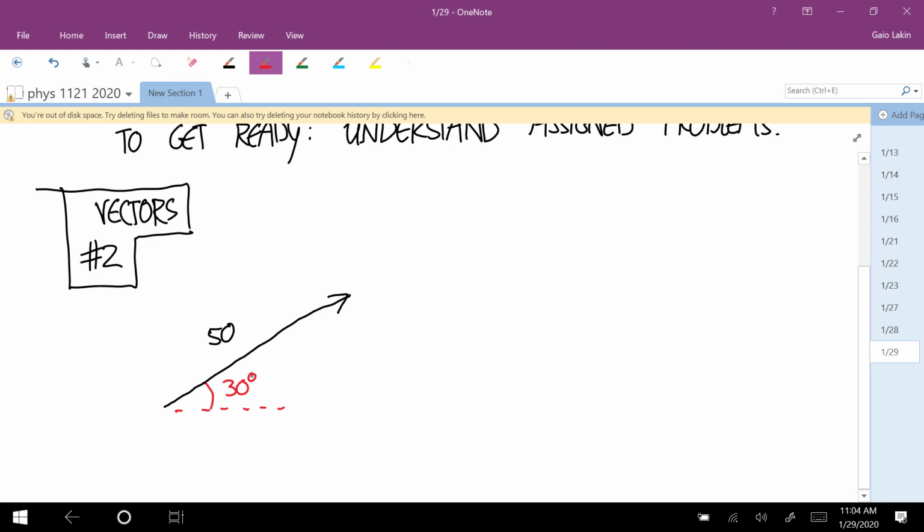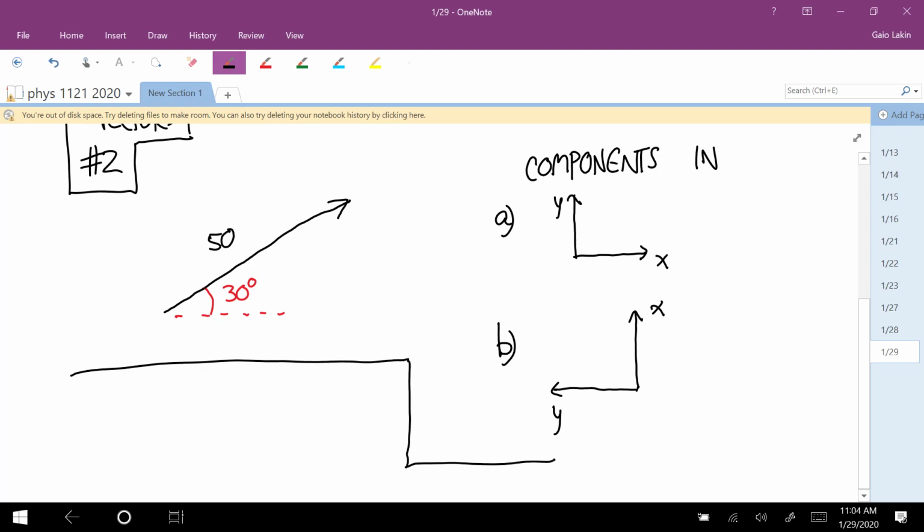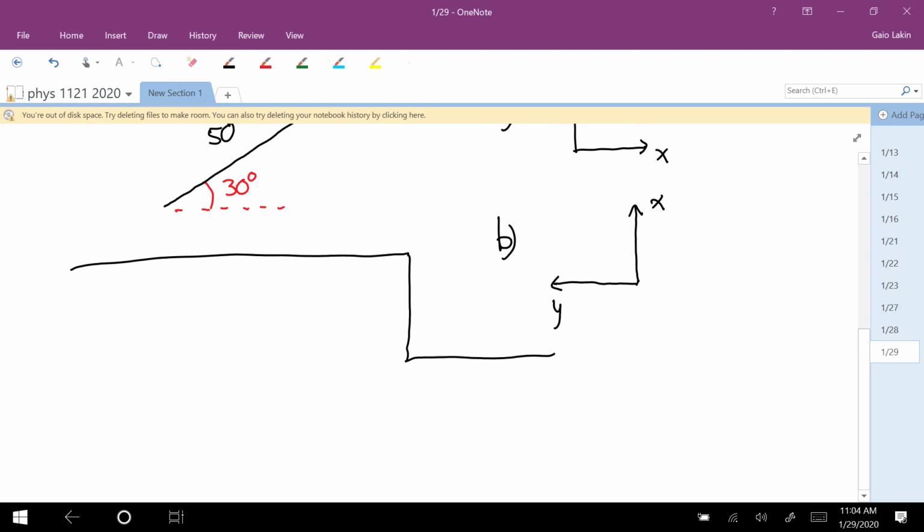And we want to come up with the components, first in our usual coordinate system, and then second in a rotated coordinate system, where the x-axis is up and the y-axis is to the left.